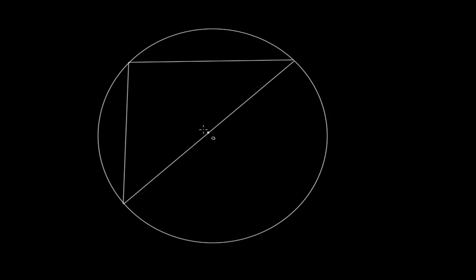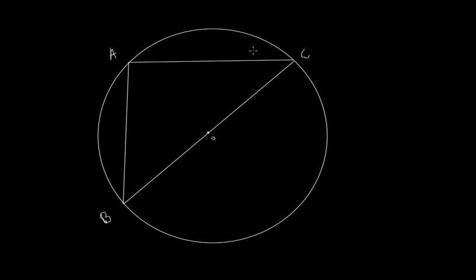So what we have is a triangle that is being formed from the diameter of the circle, and we can name our triangle A, B, and C. So we have triangle A, B, C. Can you see that triangle, grade 12s? If you can see that triangle, that's good.